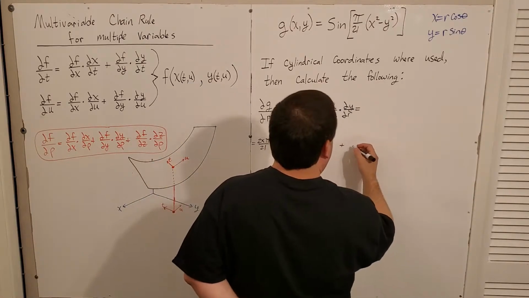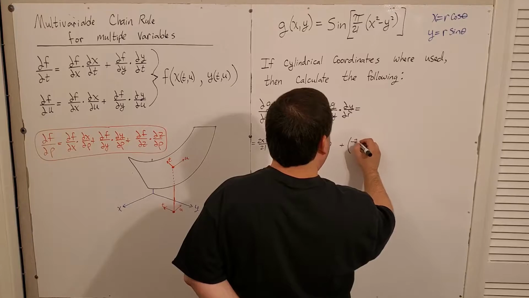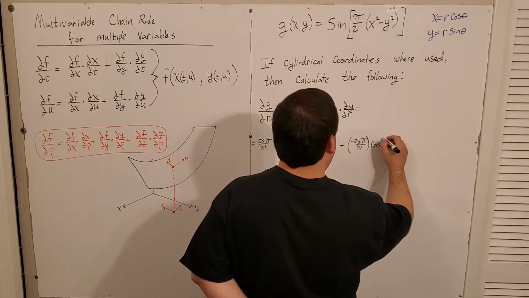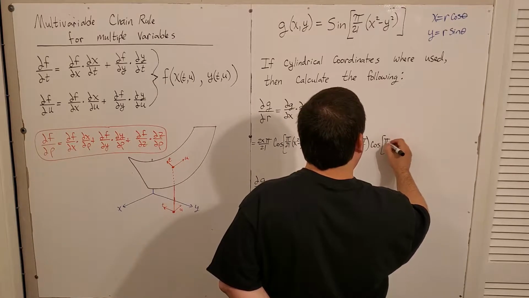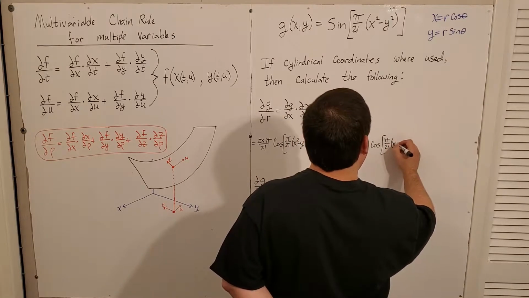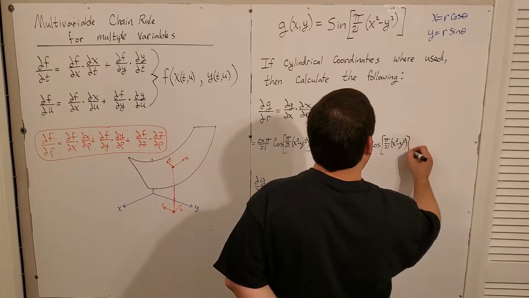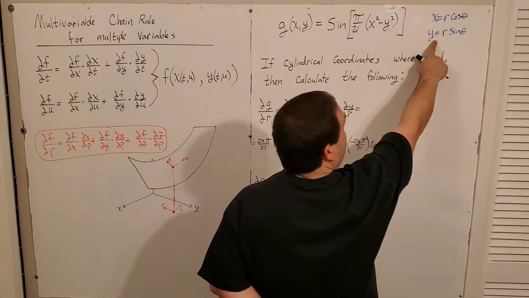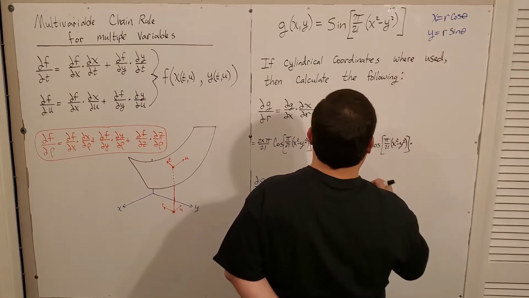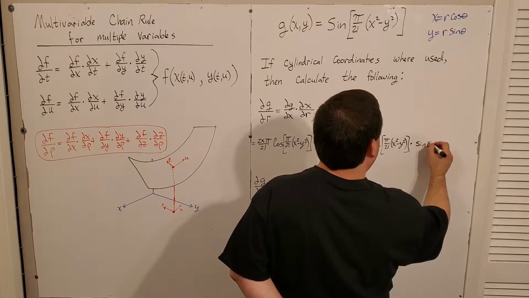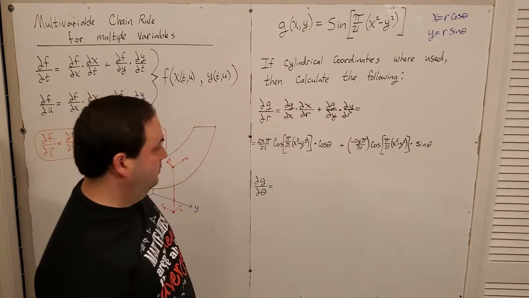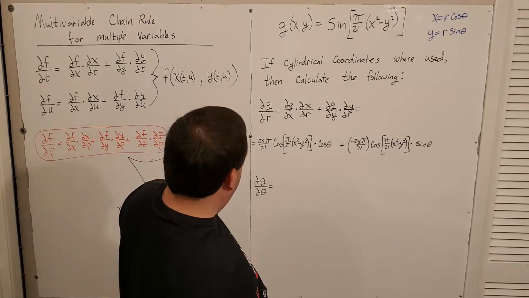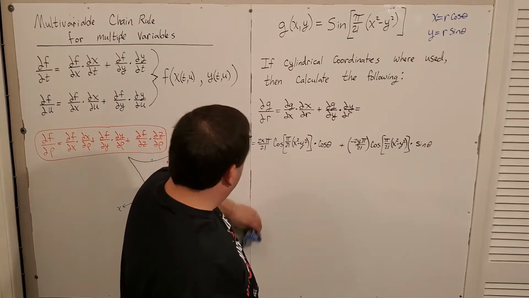So I'll have negative 2y pi over 21 cosine of pi over 21 x squared minus y squared times the partial of y with respect to r, sine theta, like so. All right, I'm going to make a little room here. We'll come back to that one.